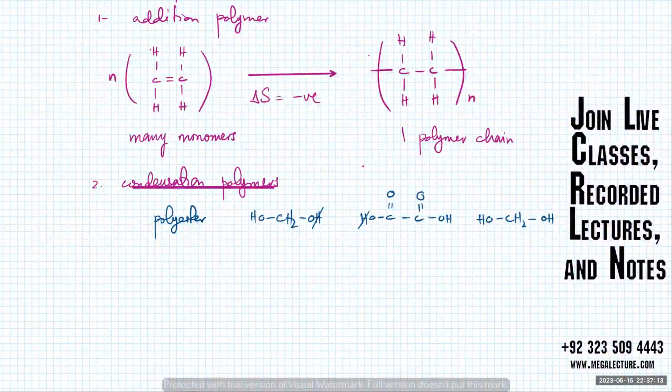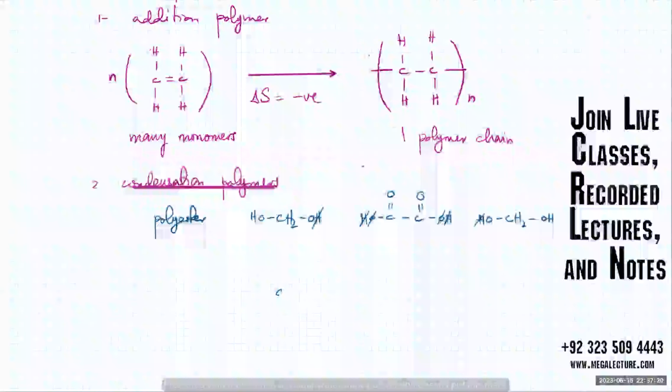So the H and OH get removed, and they end up forming a large polymer.